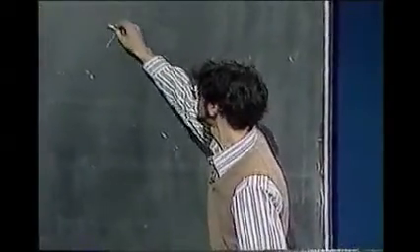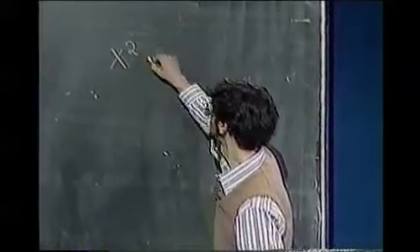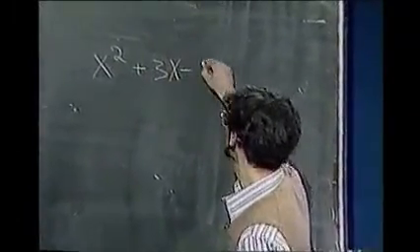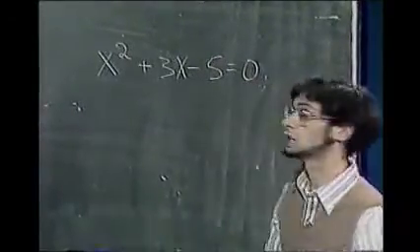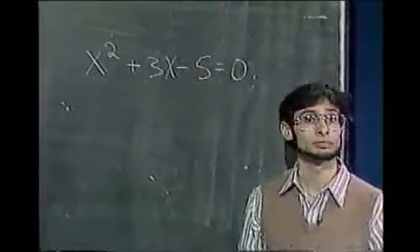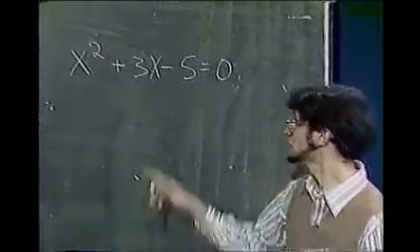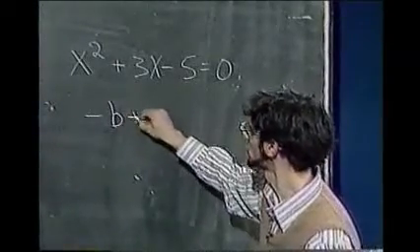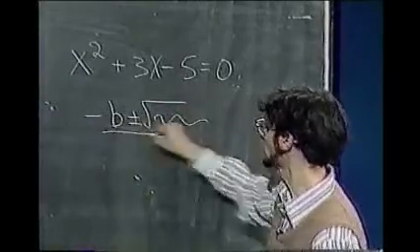And here's how it goes. We know that the quadratic equation, let's say, x squared plus 3x minus 5 equals 0, has a solution which we learned in grade 12, where you take combinations of the coefficients and you get your minus b plus or minus the square root of this and that and a lot of crazy things.